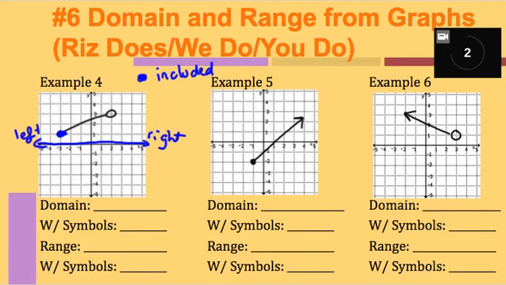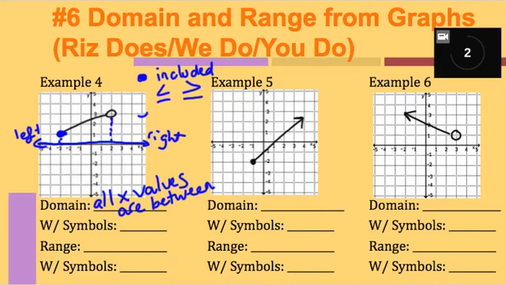meaning that we're going to use something like less than or equal to or greater than or equal to. Okay? Now what we're going to do for this is we're going to say all x values are between two numbers. Because I see this is my lowest point, and then I see this is actually my highest point.